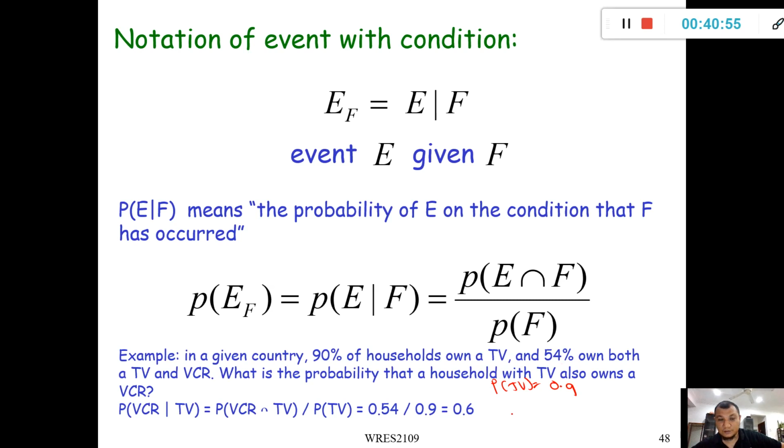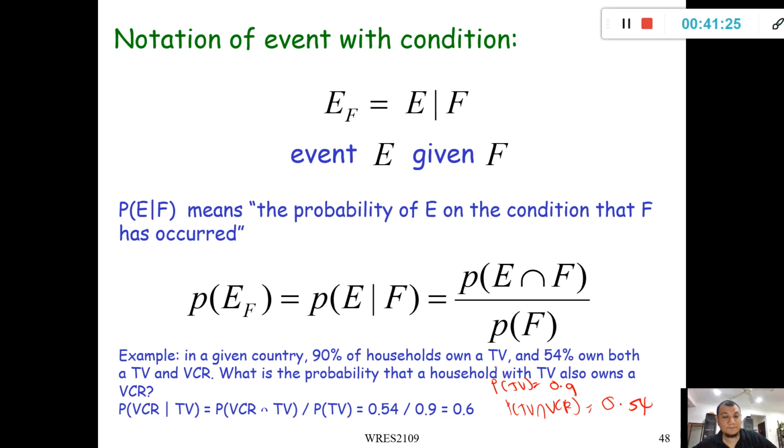Okay, VCR is prehistoric. I don't know whether you guys have seen the DVD player, I guess. So VCR is like an analog tape, using just a tape. Okay, so P(TV and VCR) is 0.54.